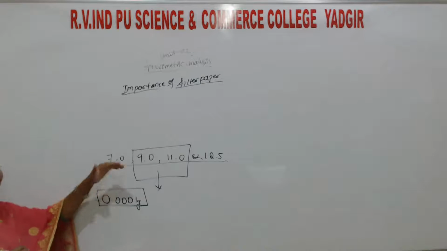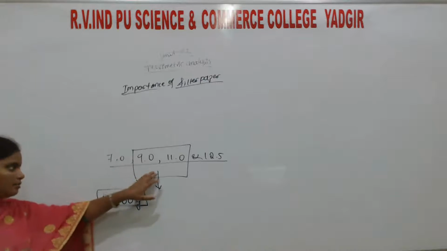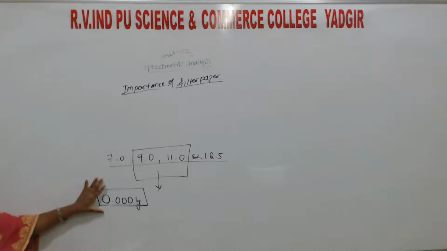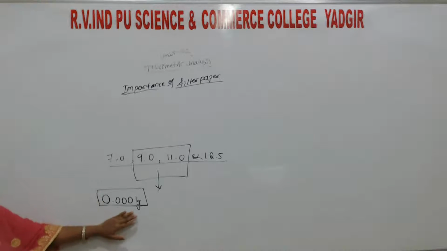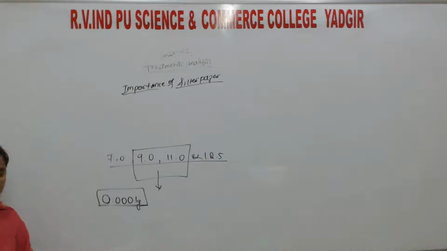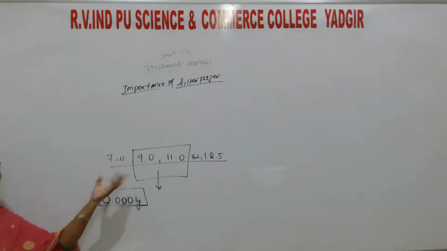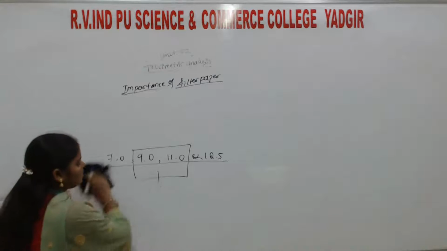If the ash exceeds this value, it should be subtracted from the weight of the ignited residue, because you are using the 9 and 11 centimeter quantitative filter paper.